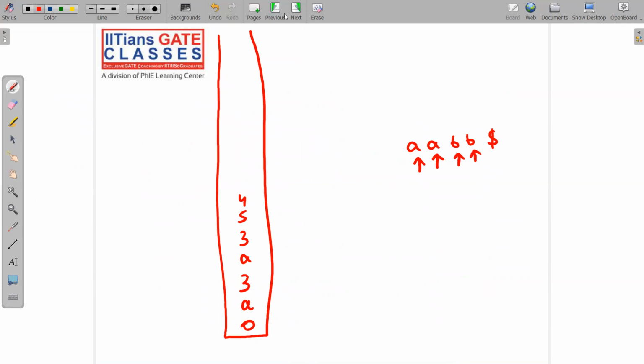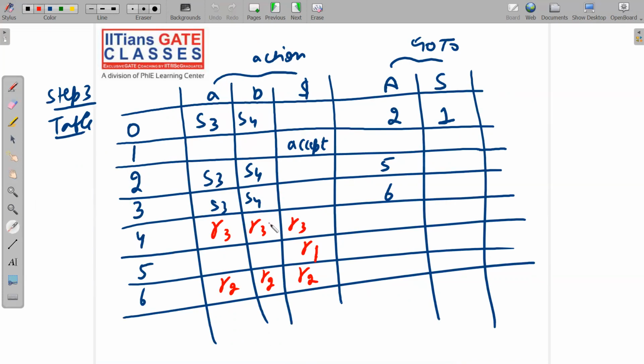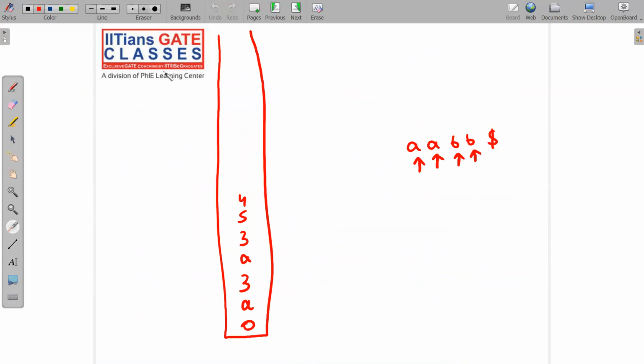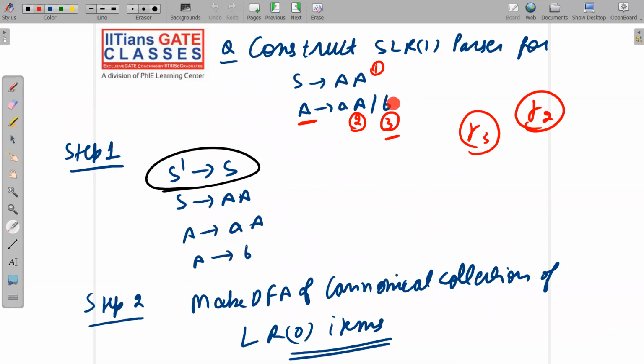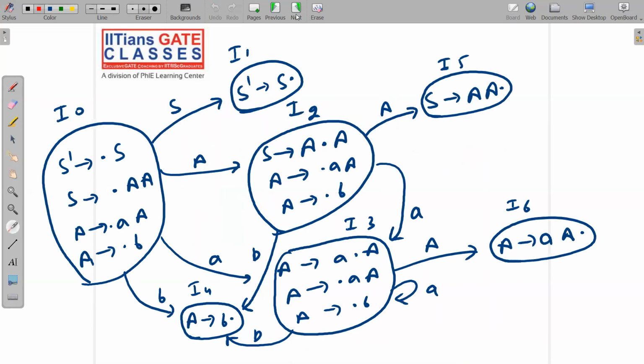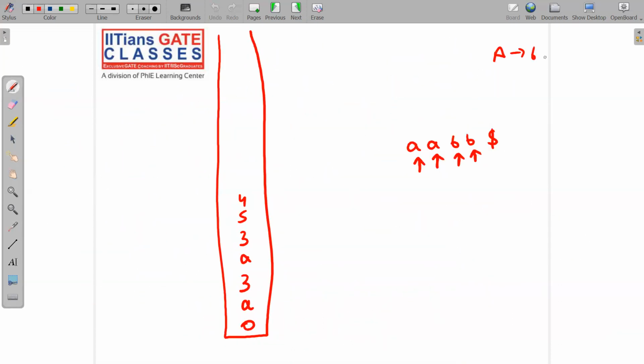Now we will jump here. So 4 on B, R3. R3 means reduce by production number 3. This is A goes to B. The length of B is 1. Always multiply by 2, so 2 symbols will be popped out, and the LHS will be pushed onto the stack.